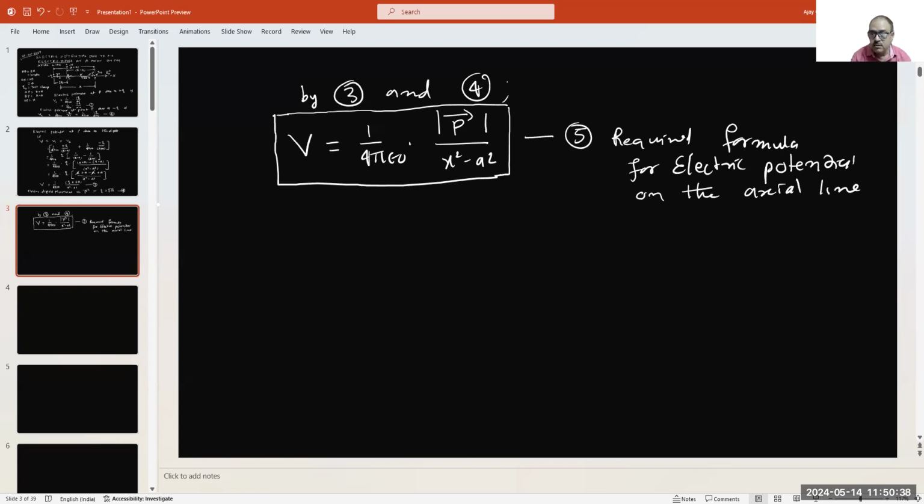So V axial, for memory purposes, you can think of V as the common term, but this answer is for axial.